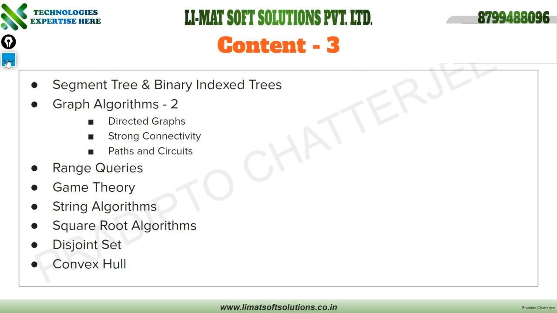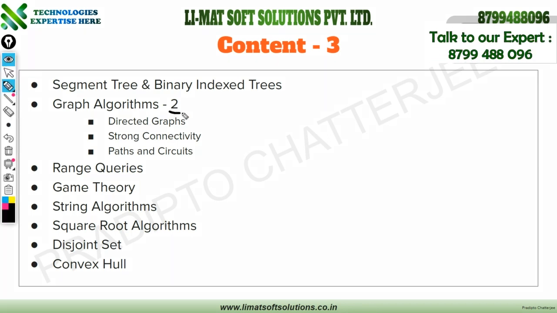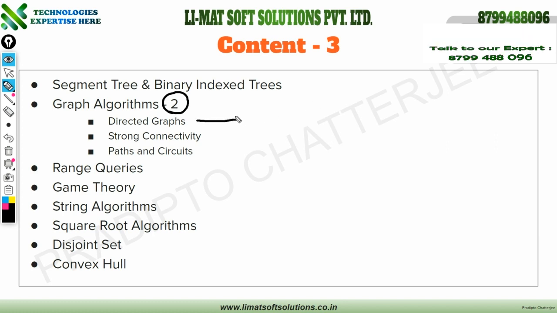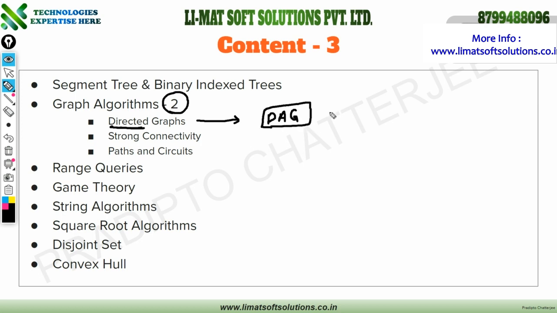Also, we have our graph algorithm part 2 and graph algorithm part 1, where we have the representation, BFS, DFS, traversals, the simple things. Here we are going to discuss the directed graph, especially the directed acyclic graph, and especially the topo sort, the topological sorting.